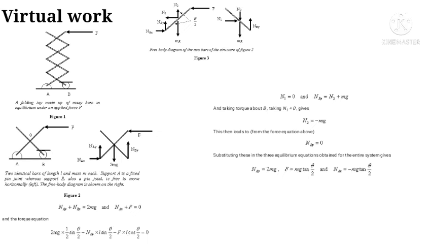They are NAY plus NBY equals 2mg, and NAX plus F equals 0. And the moment equation is 2mg into 1 by 2 L sine theta by 2 minus NBY into L sine theta by 2 minus F into L cos theta by 2 equals 0.